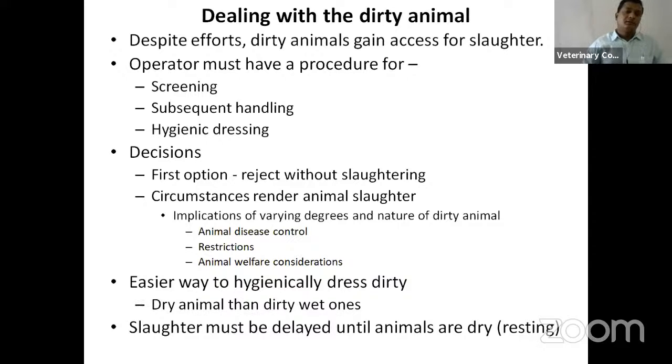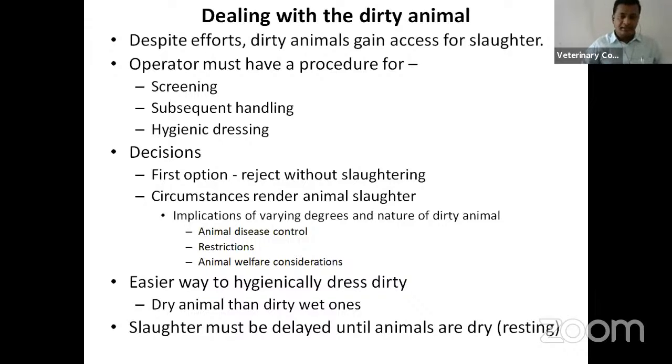Okay, so dealing with a dirty animal, as I told you, entry of the animal which is dirty cannot be made zero, because there are many instances in which these animals enter the slaughter premise despite the best efforts, in spite of the best management.